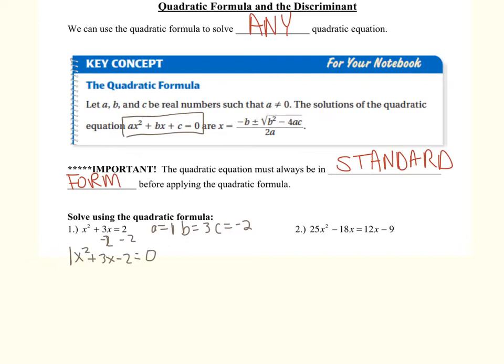So I substitute these values into the quadratic formula. x equals the opposite of b, so negative 3, plus or minus the square root of the b value squared, minus 4 times a times c, all over 2 times a.